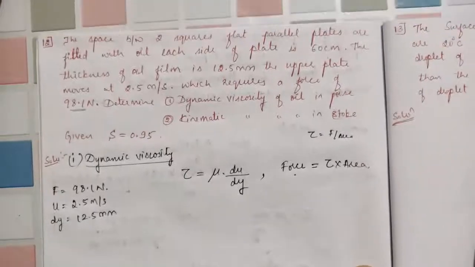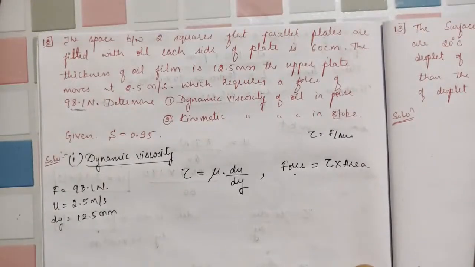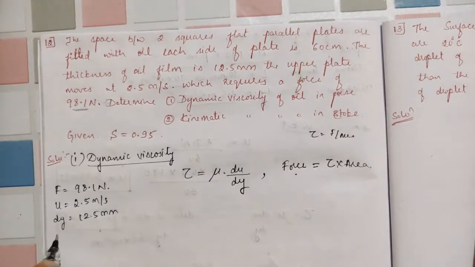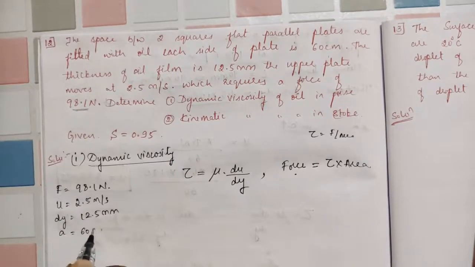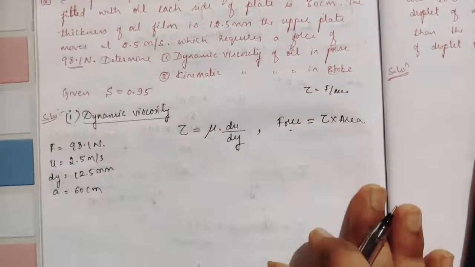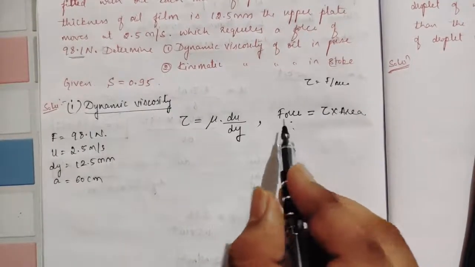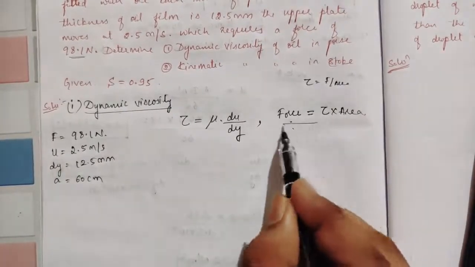Then the plate dimension is given, 60 centimeter, one side of the square plate. Since they have given the value of force, I'll take this formula.